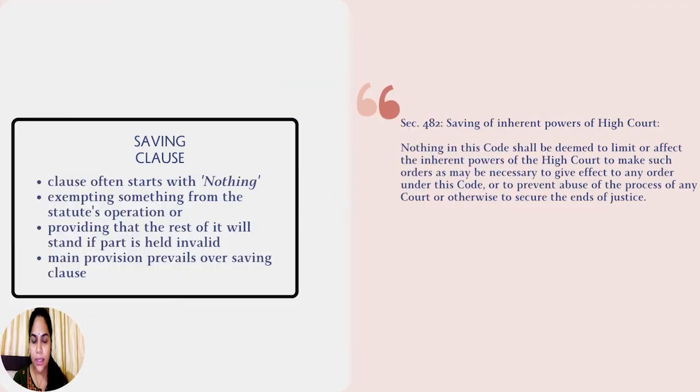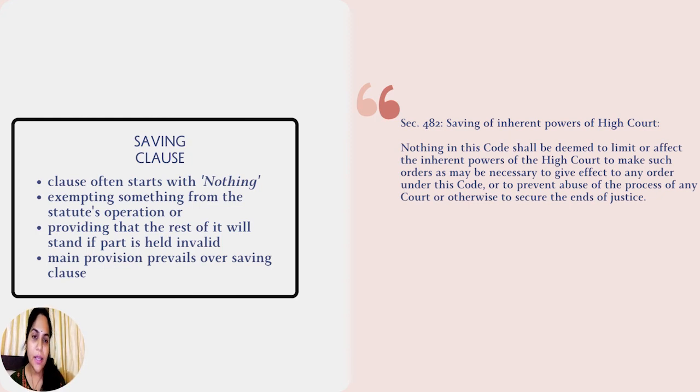The next important thing is the saving clause, right? These kinds of clauses often start with the term nothing. A saving clause is designed to preserve certain rights, duties or privileges that might otherwise be destroyed by a general enactment containing an amendment to or repeal of existing provisions of law.